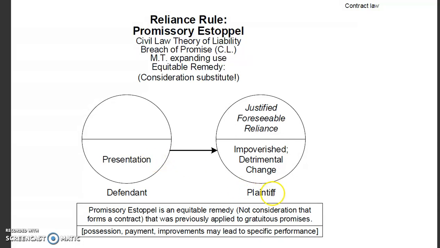The plaintiff, the builder, foreseeably and justifiably relied on that representation of a waiver, and encountered the situation of a double painting of the shed, and so would have incurred impoverishment or detrimental change because of the builder's reliance on the waiver by defendant, the homeowner.